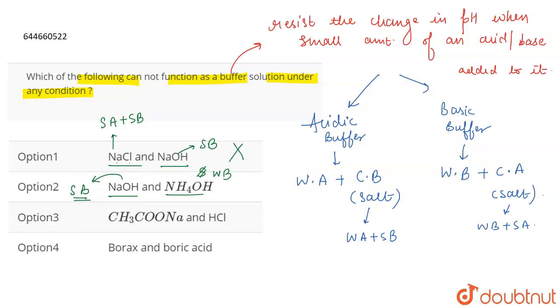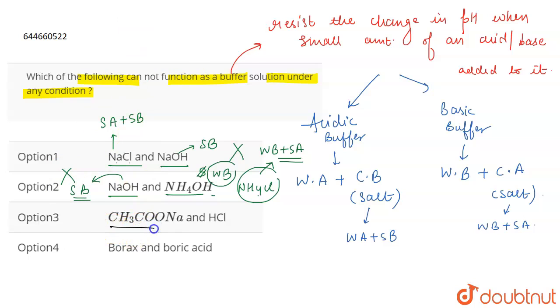If we have a weak base, which is NH4OH, then it should have combined with something like NH4Cl, the salt of its conjugate acid, which is also a combination of a weak base and a strong acid. So they could have formed a buffer, but right now you have a combination of NH4OH and NaOH. They cannot result in the formation of a buffer solution.